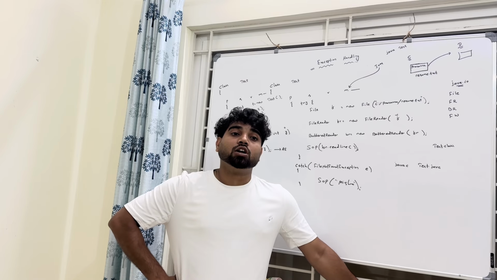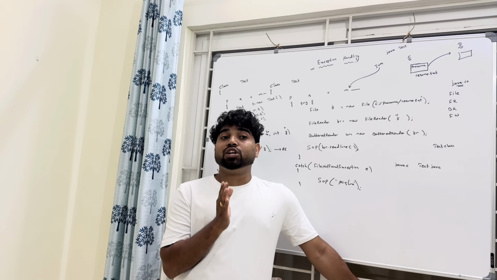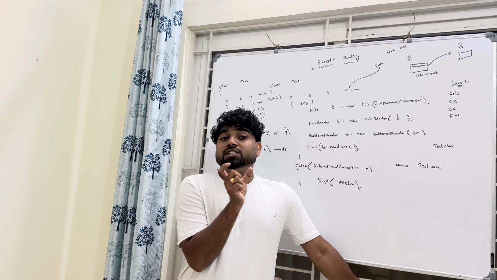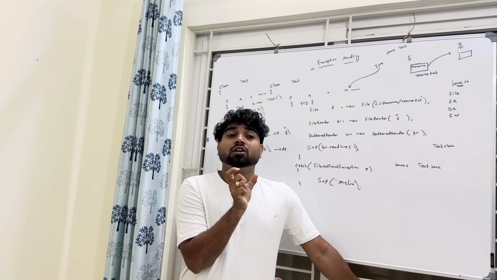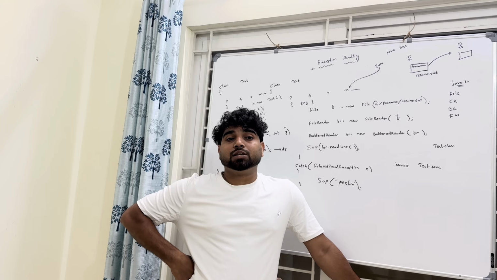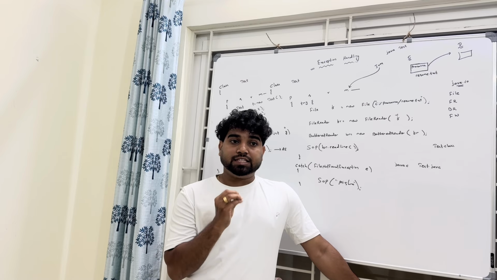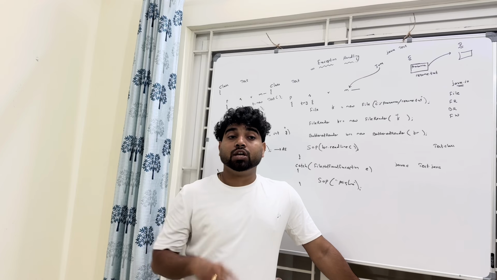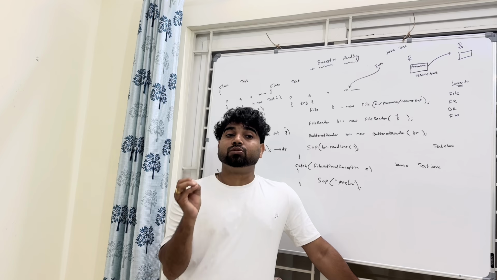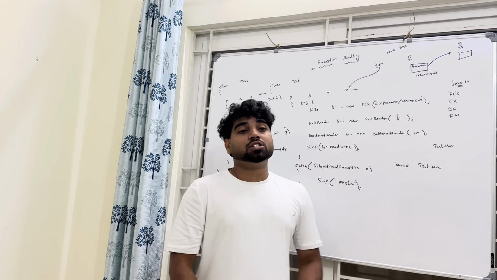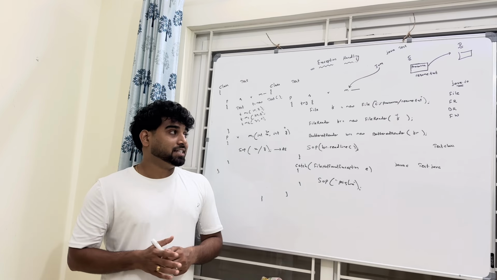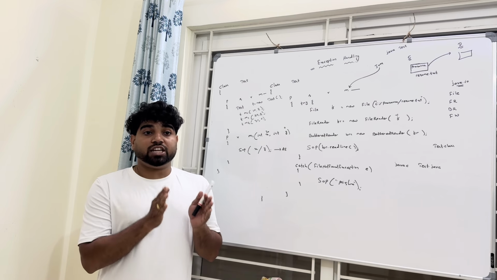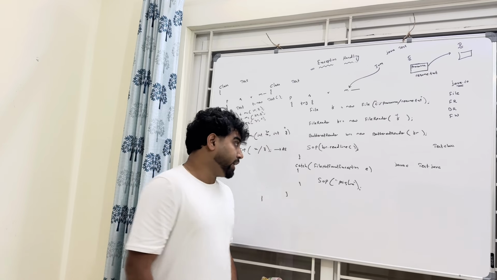And how can you identify whether a class is a checked exception or an unchecked exception? If a class is extending the Exception class, that is a checked exception. If a class is extending the RuntimeException class, that is your unchecked exception.